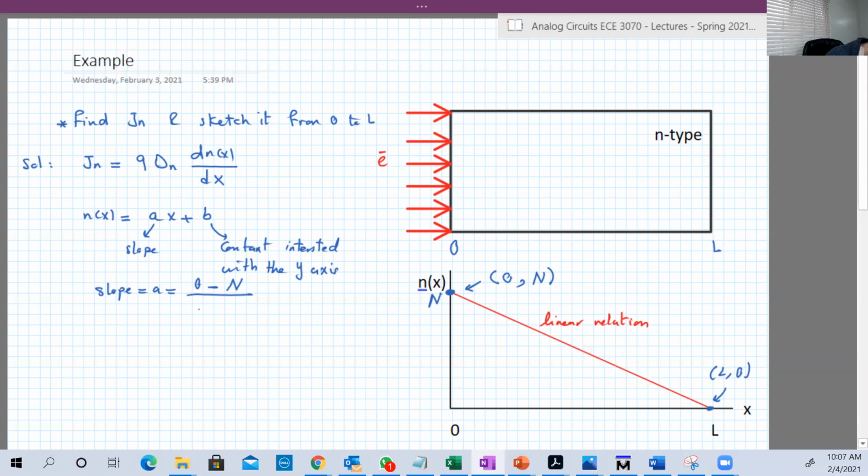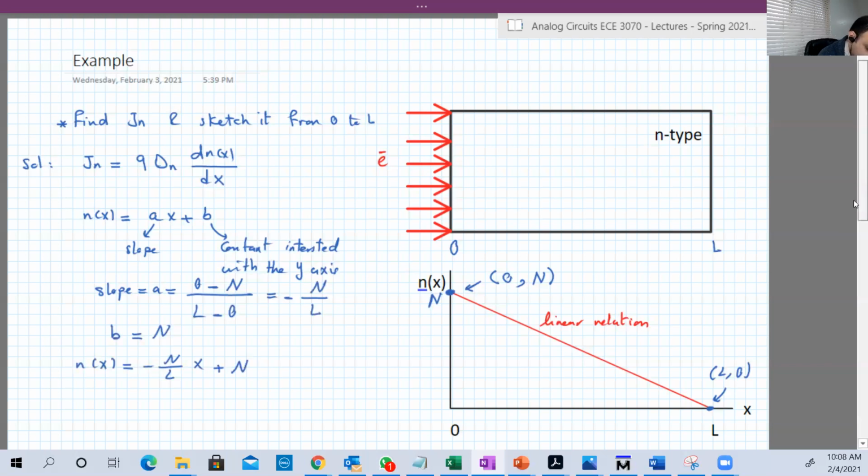Over x2, which is L, minus x1, which is 0, so this will give us minus n over L. This is the slope. And b, the constant, the intersection of the line with the y-axis, is n capital. So n of x is equal to minus n over L x plus n.